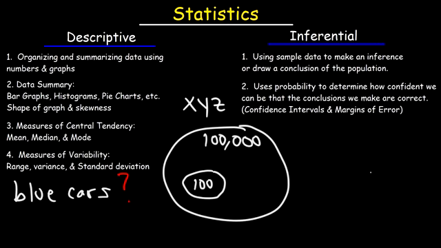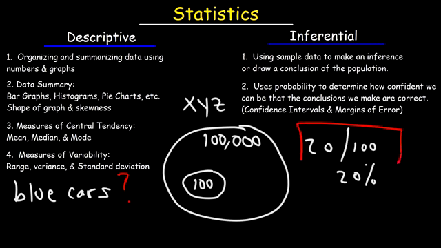Now let's say 20 out of the 100 people in our sample say yes. So that means that 20% of people prefer blue cars. This is based on our sample. That's our sample data. So that would fall under the realm of, would you say descriptive or inferential statistics? Which one? Now, this is basically a fact. We're presenting data. So 20 people out of 100 say they like blue cars. So that would be descriptive.